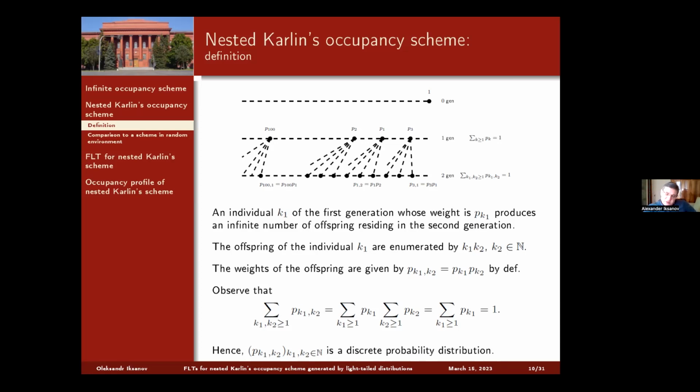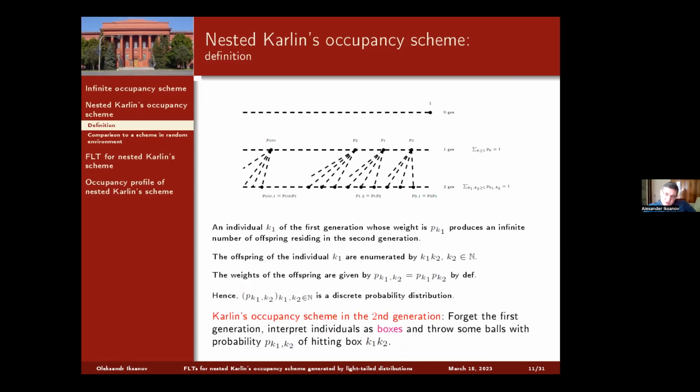And now, for the time being, let's forget about the first generation, and interpreting individuals of the second generation as boxes and throwing some balls into the boxes with probability pk1k2 of hitting box k1,k2, we obtain Karlin's occupancy scheme in the second generation.